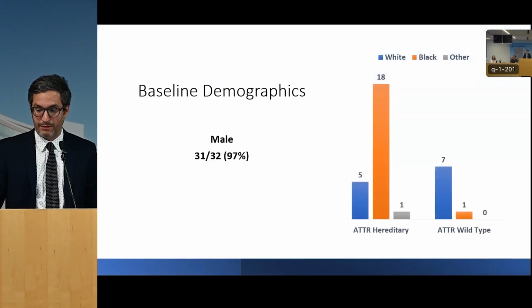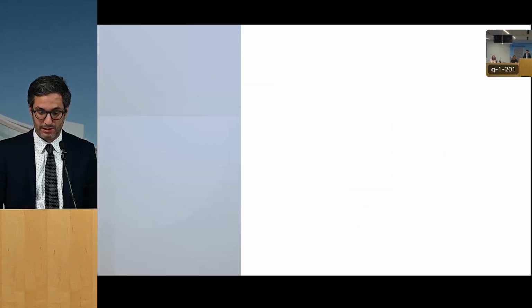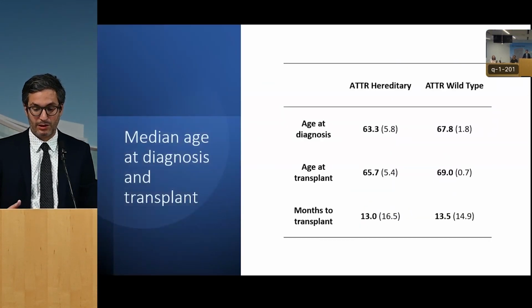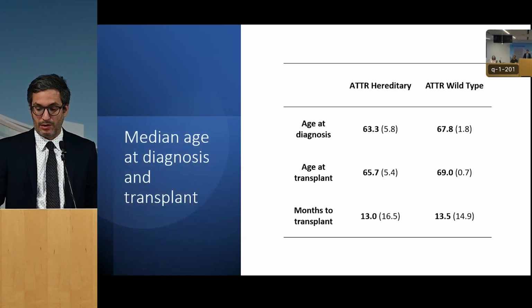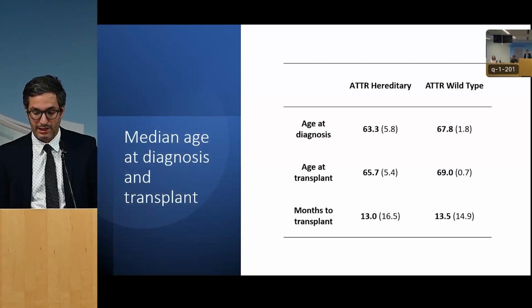For the baseline demographics, we saw that in the hereditary ATTR, the majority were African American. No surprise with that variant, which is more common in that population. And the wild type ATTR was more common in white patients. The age of diagnosis was about 63 in the hereditary and 67 in the wild type.